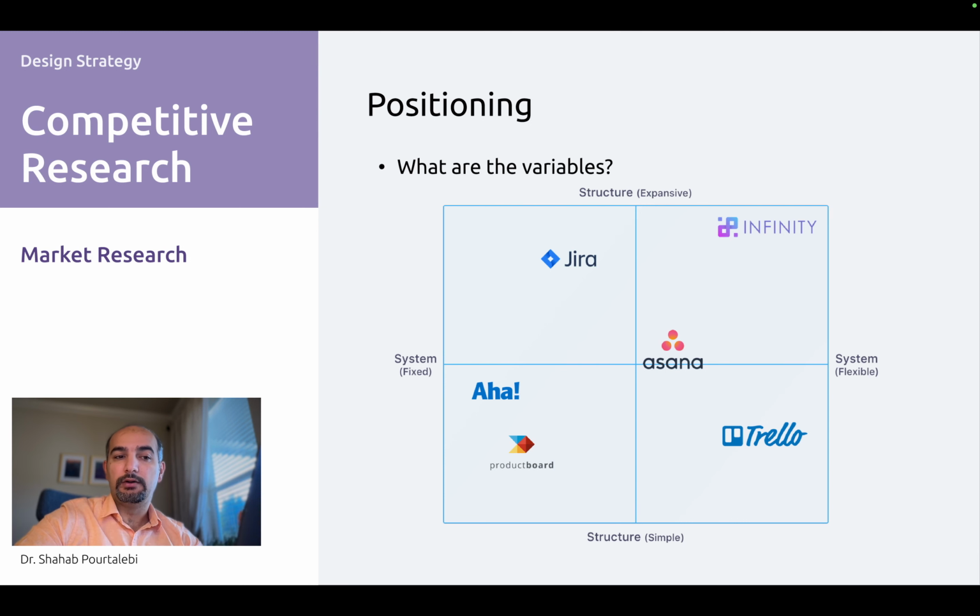Okay, so if you want to enter this market, where do you target? What would be the best position to target? You might say that you provide something really simple, but you target this point, which would be a balance between system flexibility and simplicity and fixed features. But yeah, you need to study all these things.